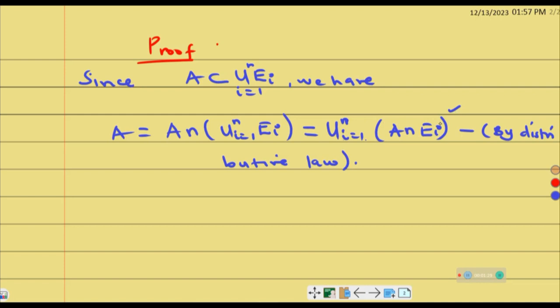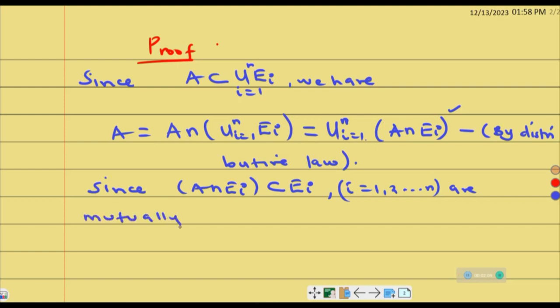So we have this now. From there, we can still say that since A intersection Ei is a subset of Ei, for i equaling 1 up to n, these are also mutually disjoint events.